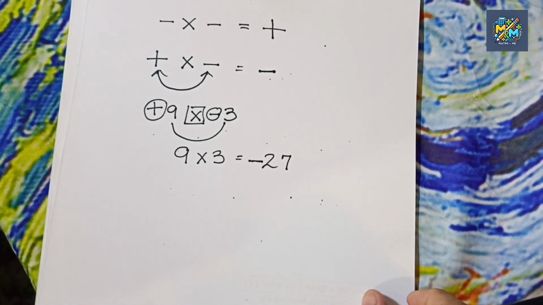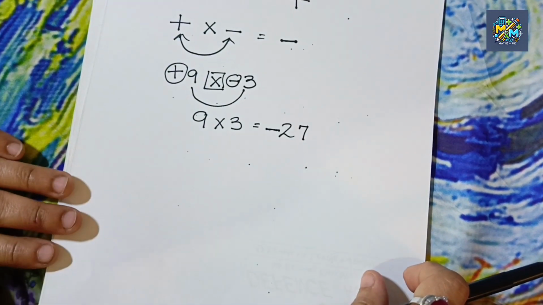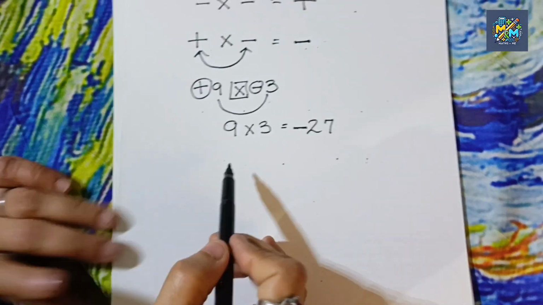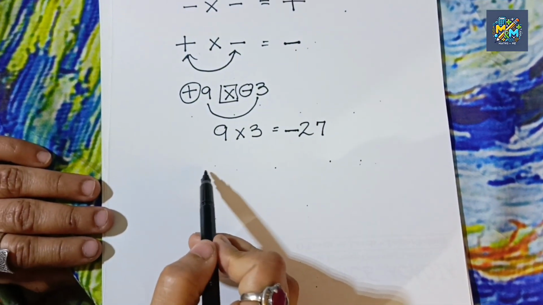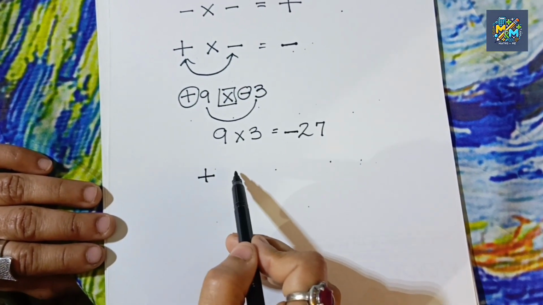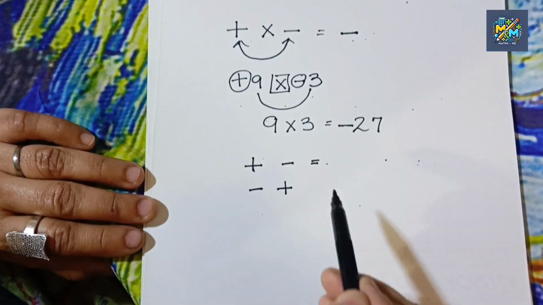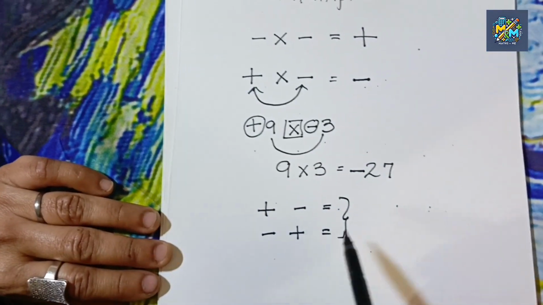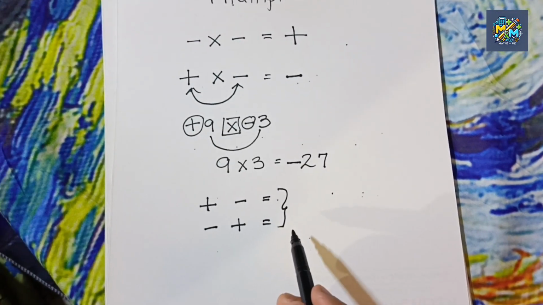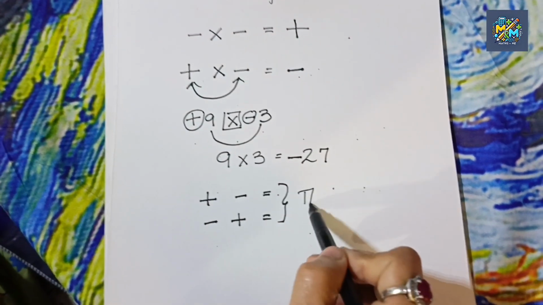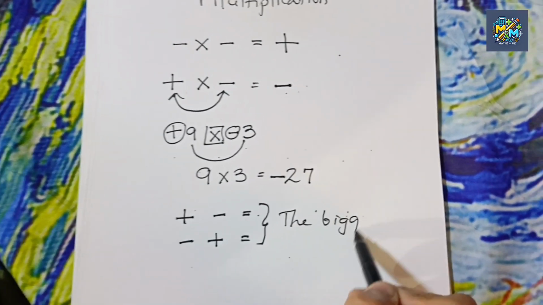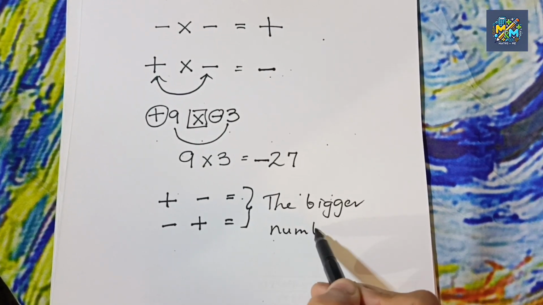Keep one thing in your mind, and the important part is that previously, without using multiplication, we did like this, plus and minus. So in this case, or minus and plus, in both the cases, what we had to keep in our mind was the bigger number's sign.